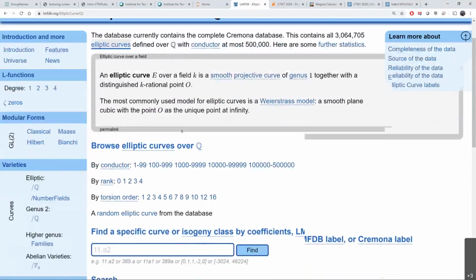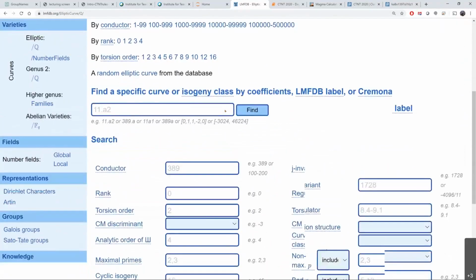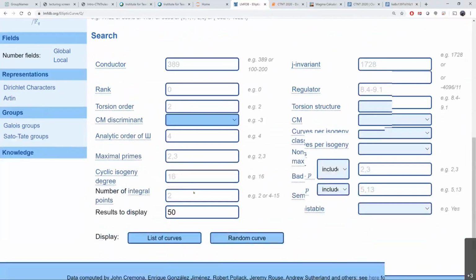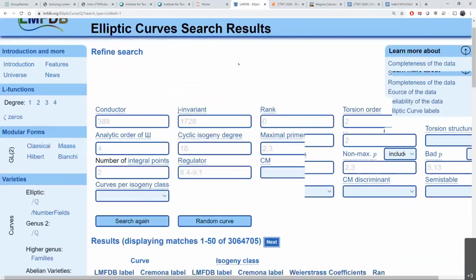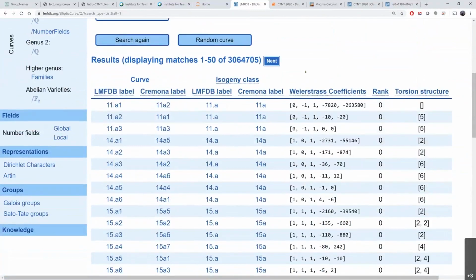So for example, let's just look at a few elliptic curves. If you want to browse elliptic curves in the database, let's just list some elliptic curves right there. It gives you a list of elliptic curves. Just like number fields were listed by their discriminant, now we list elliptic curves by their conductor.